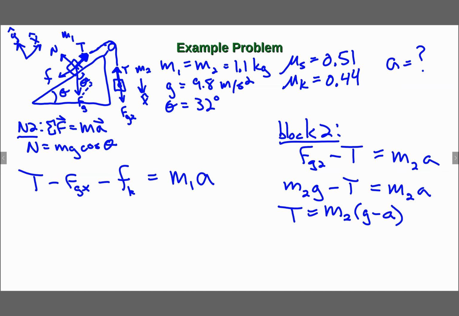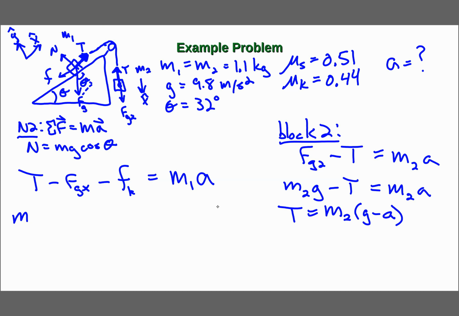And because it's a single interaction between block 1 and block 2, it has just one magnitude, which means that this T from block 1 and this T from block 2, well, they're the same, okay? They have the same magnitude. So this tension from block 2 can be plugged in over here in the equation for block 1.